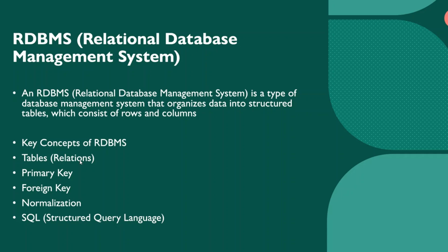There will be different columns present in the employee details table. Then let's understand what a primary key is, in short. A primary key is a unique identifier for each record in a table. As in the employee details table, the employee ID will be unique.